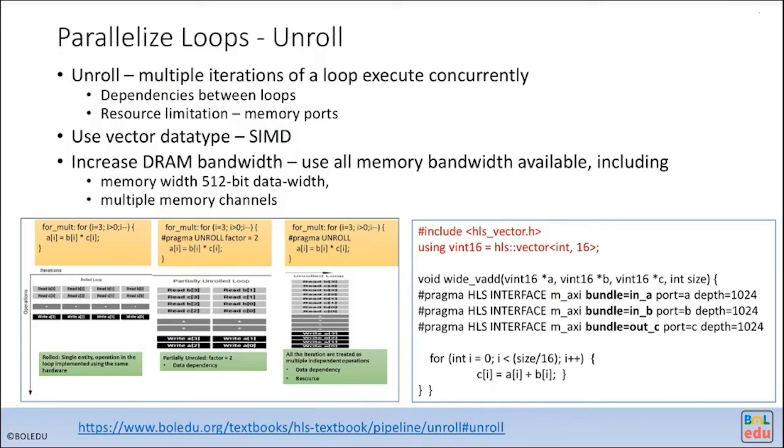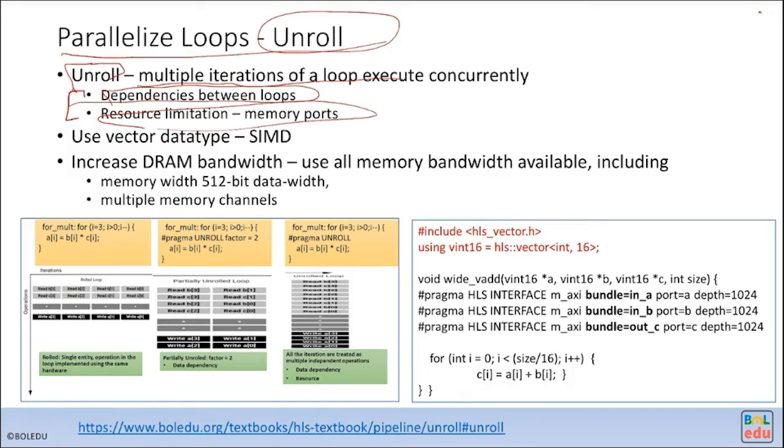Okay, the next technique is parallelized loop. We use unroll. Once you unroll multiple iterations, you will run into either dependency between the loops or resource limitations, so you have to overcome that. When you unroll, you need much larger data bandwidth than when you use a vector data type, SIMD.